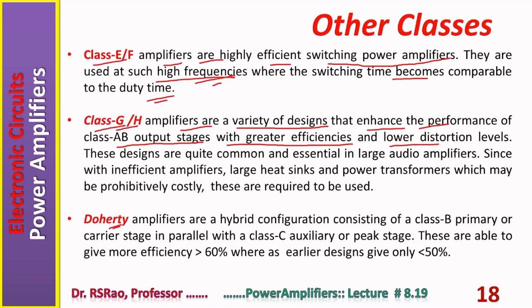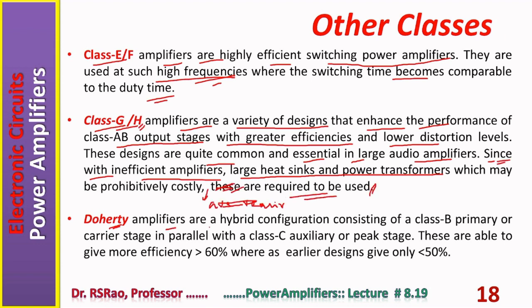These designs are quite common and essential in large audio amplifiers, since with inefficient amplifiers, large heat sinks and power transformers, which may be prohibitively costly, are required to be used. These classes G and H are used.